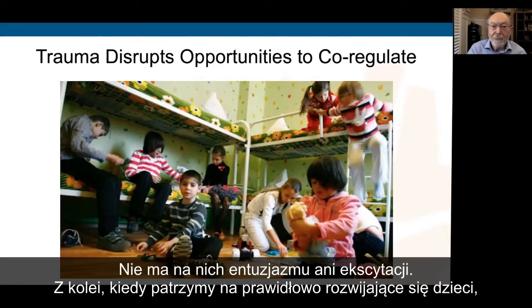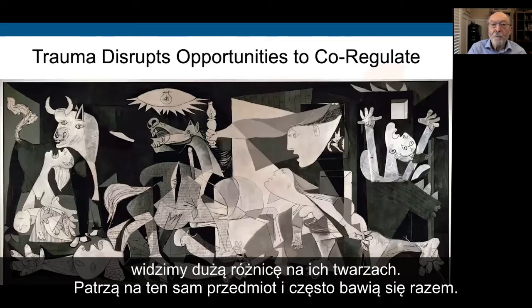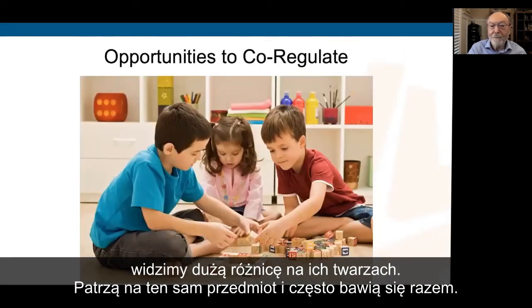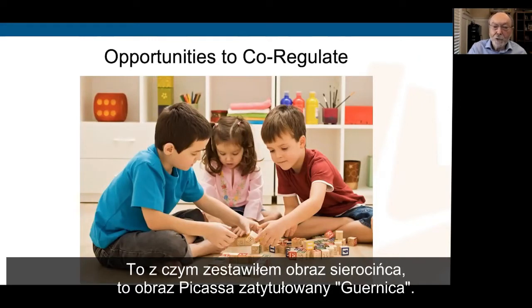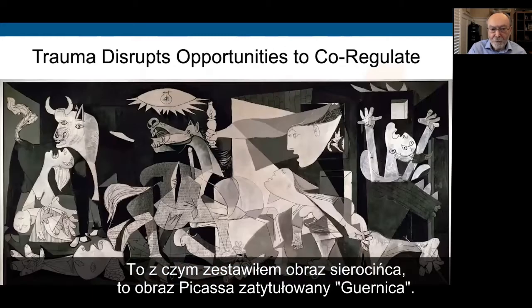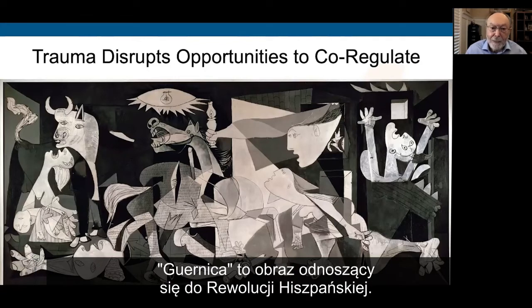And when we look at typically developing children, we see a big difference in their faces. They're looking at a common object, and they are often playing together. Now, what I juxtapose the orphanage picture with is a picture by Picasso called Guernica. Guernica is a painting about the Spanish Revolution.